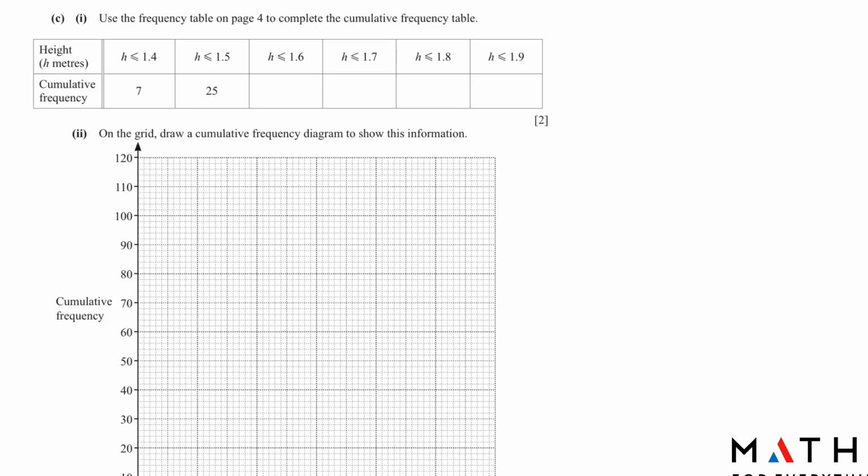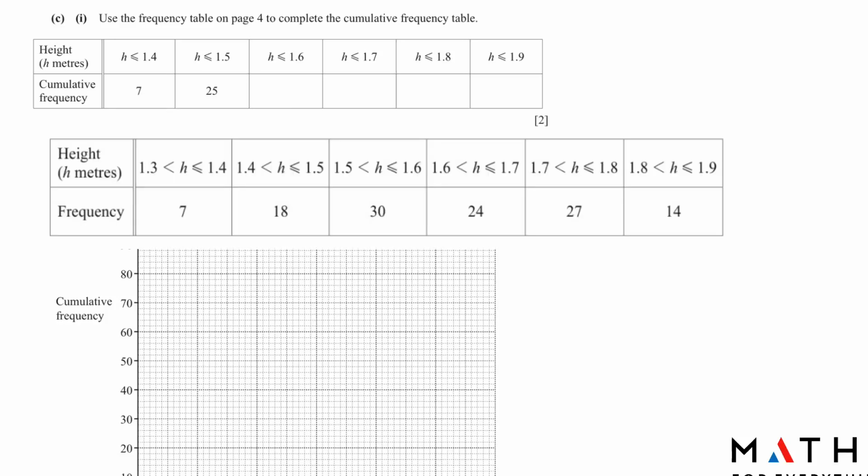C1. Use the frequency table on page 4 to complete the cumulative frequency table. This is the table that they are referring to, and cumulative frequency means you add the two numbers and write the answer here. So 7 plus 18 is going to be 25. 25 plus 30 is going to be the next one.